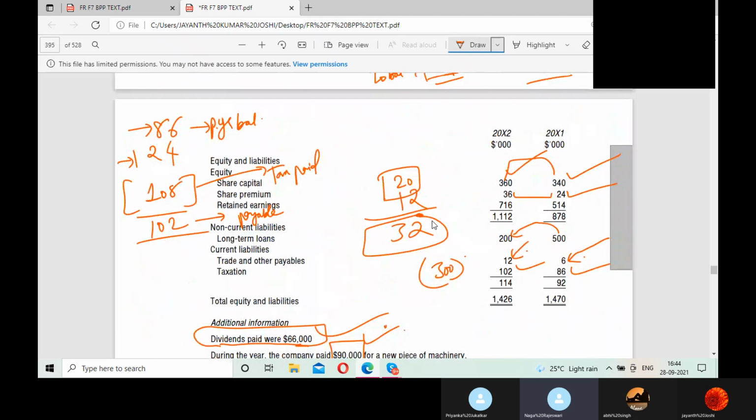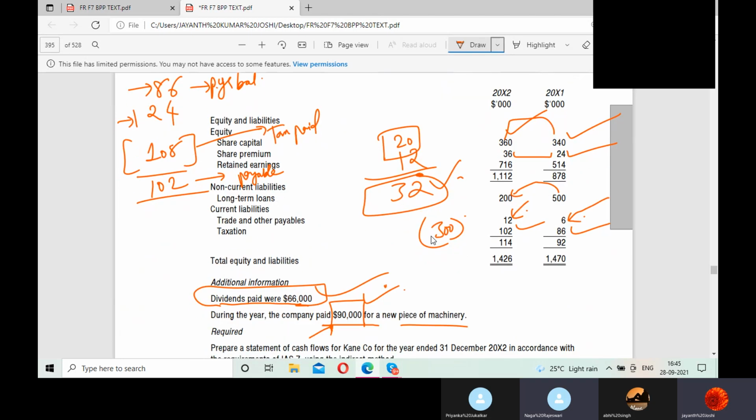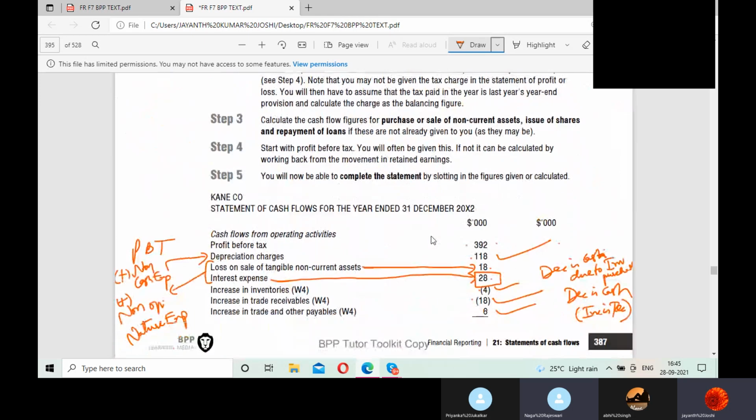Retained earnings we will not take, sir. No. Why will you take retained earnings? That's a book adjustment. You don't pay or receive any cash in that account. It's just a book adjustment, just a transfer. Whatever happens physically in the cash account. Okay, sir.